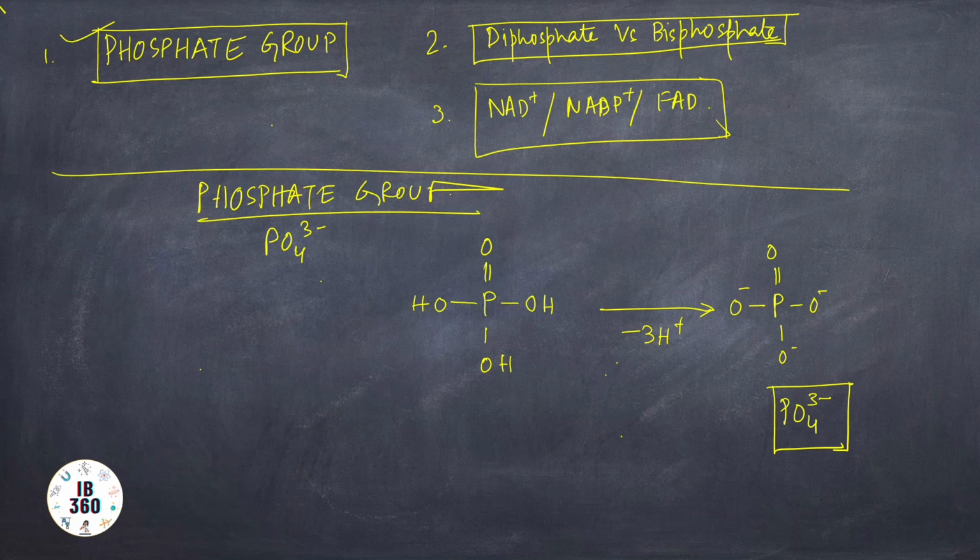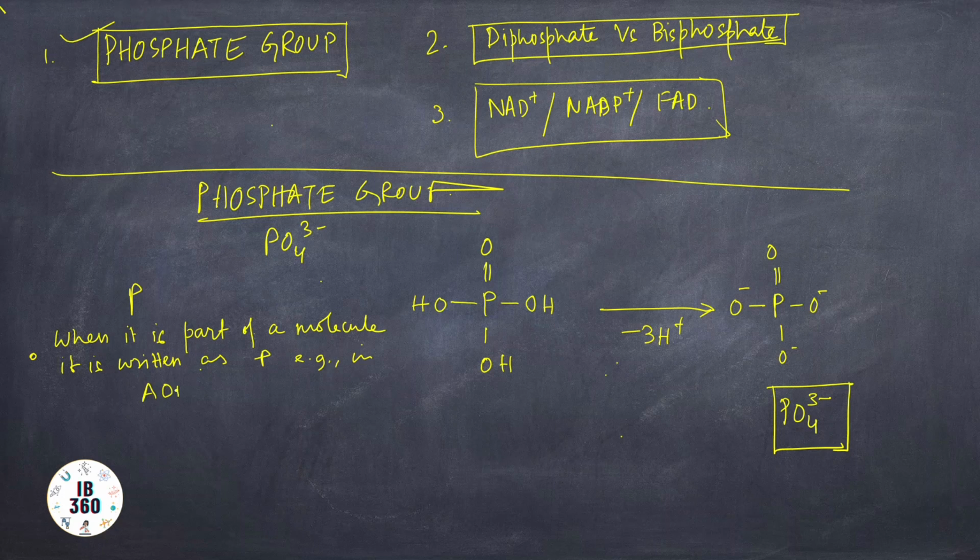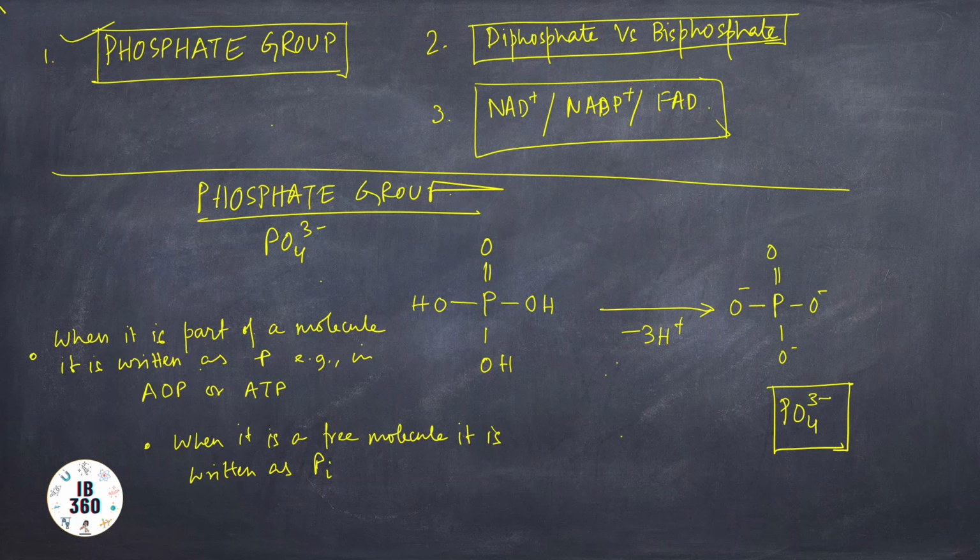This occurs frequently in pathways, and when it is part of a molecule, it is written as P. For example, in ADP or ATP, just P. But when it is a free molecule, it is written as Pi. We often call it inorganic phosphate.